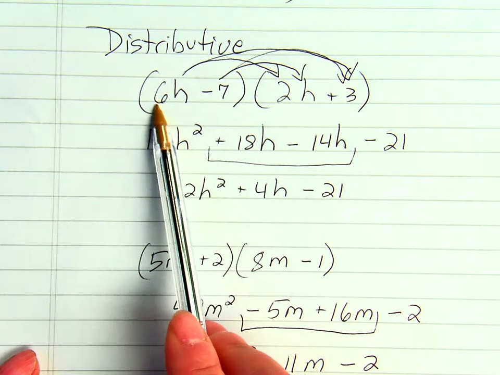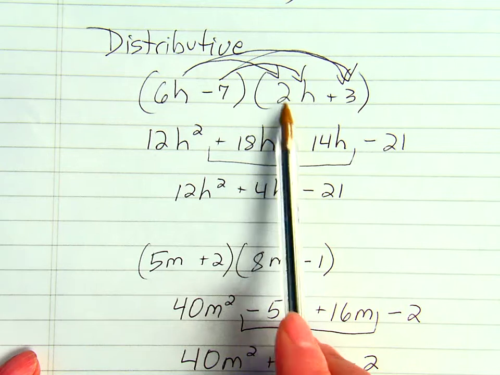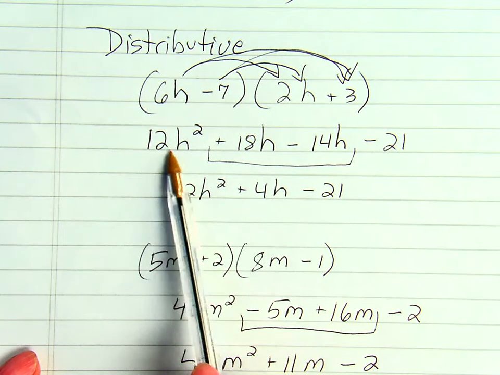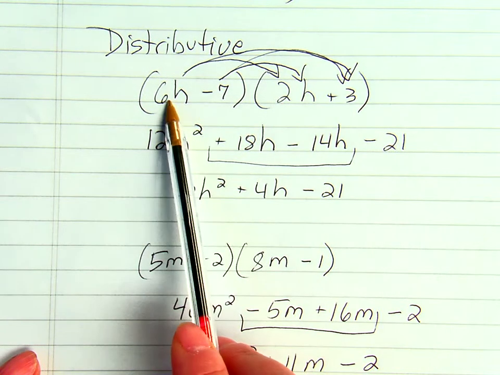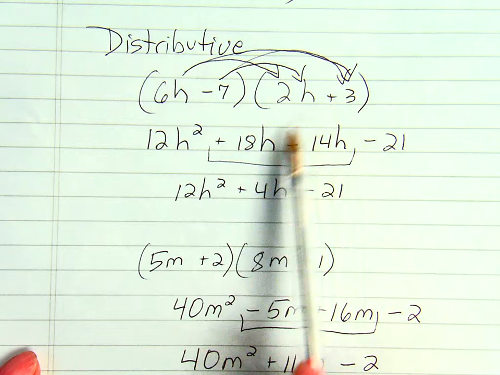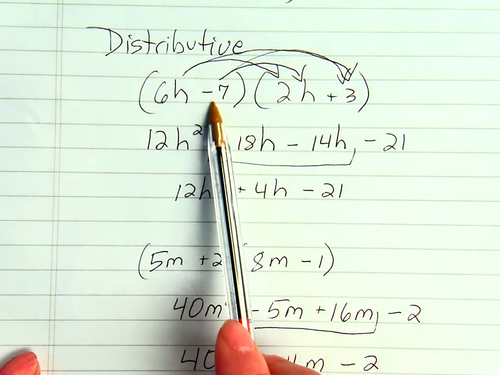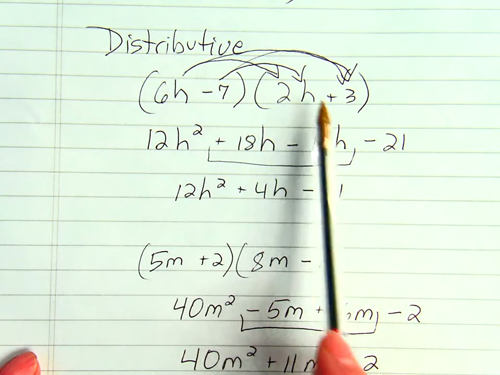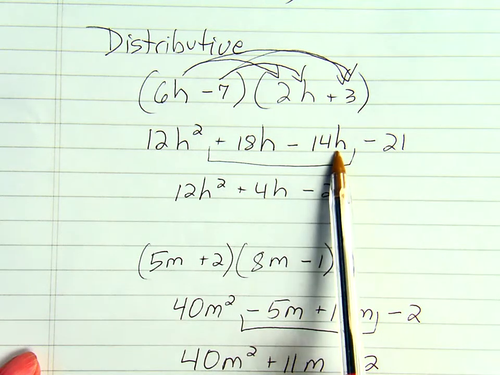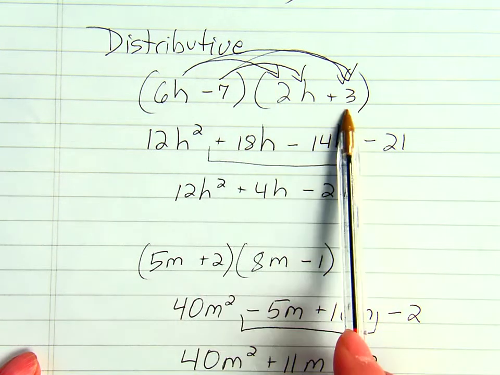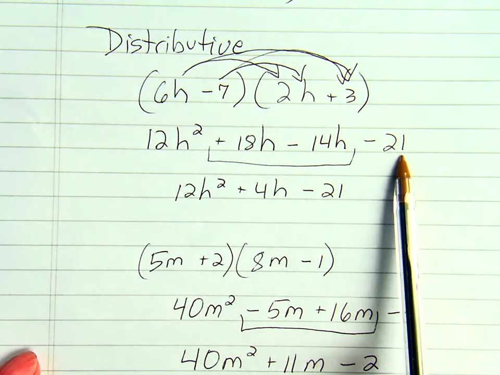When we multiply positive 6h times positive 2h, we get 12h squared, and then 6h times 3 gives us positive 18h. Now the negative 7 times the 2h is a negative 14h, and a negative 7 times a positive 3 is a negative 21.